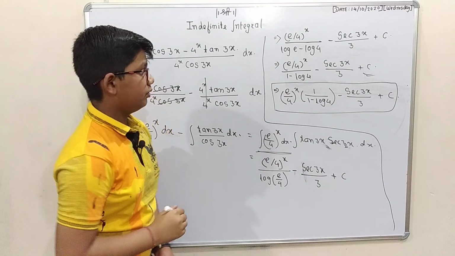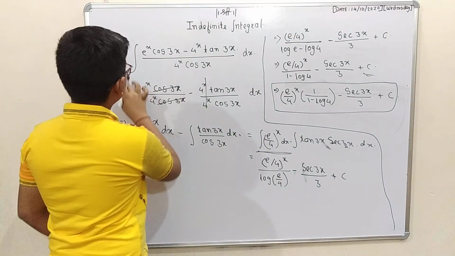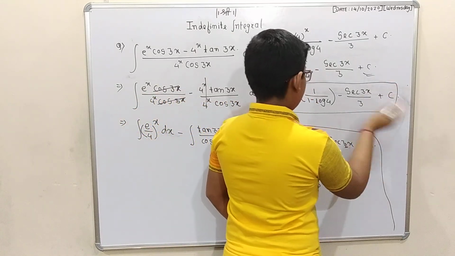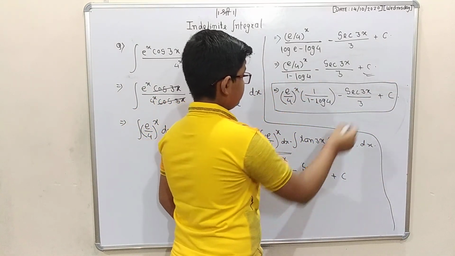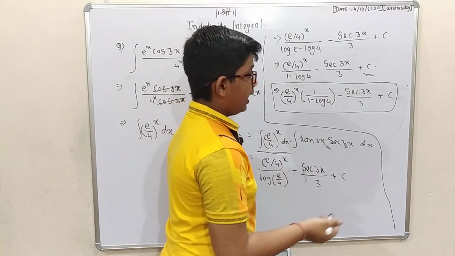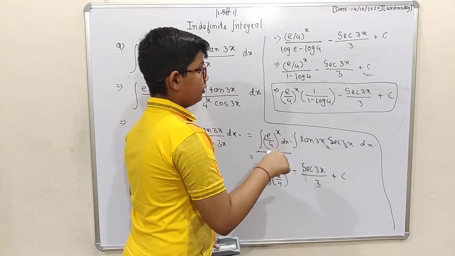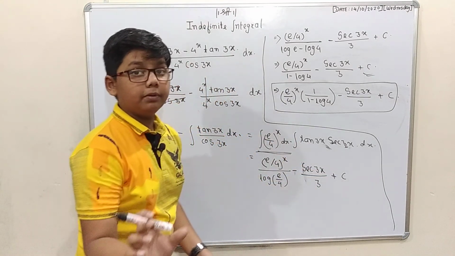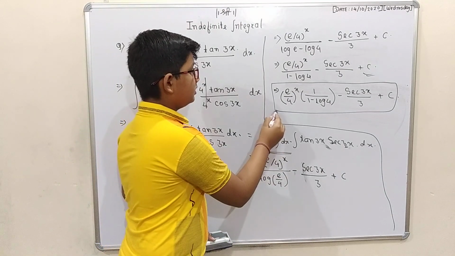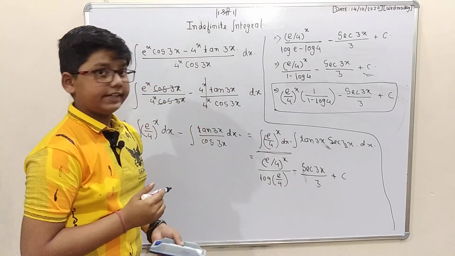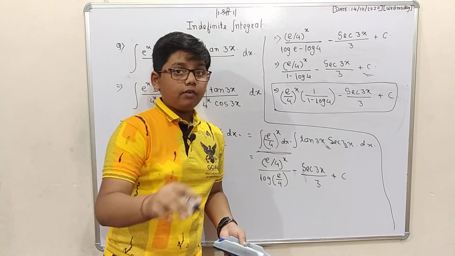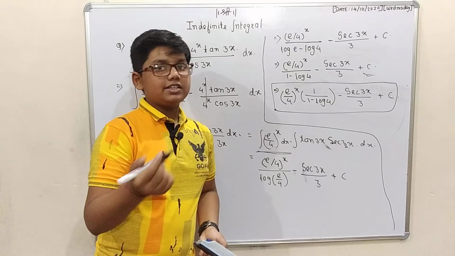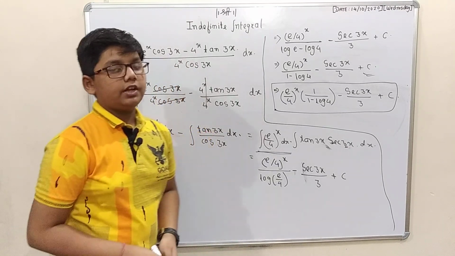If the limits were given, 0 to 2, we would integrate from 0 to 2, substitute x as 2 and write the answer, then substitute 0 and subtract, and we would get a final answer in numbers in the case of definite integration. This is the indefinite integration, where the limits are not given.